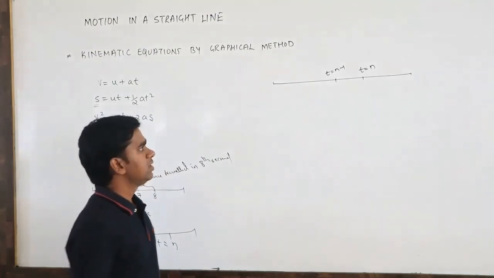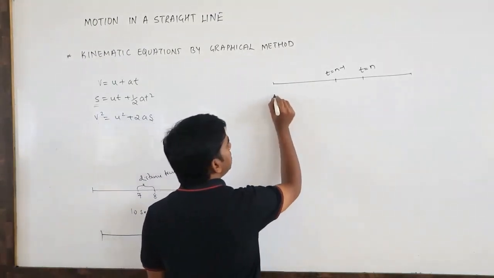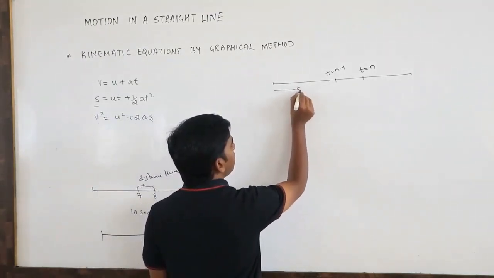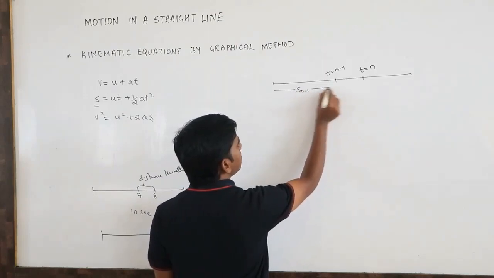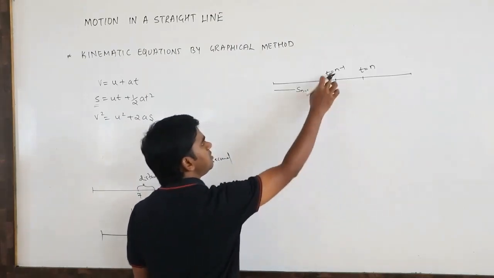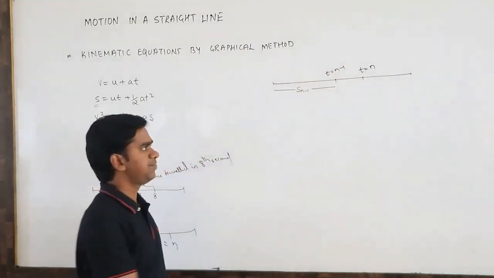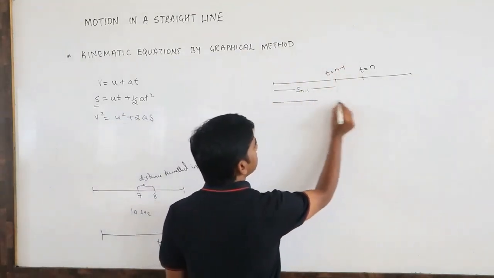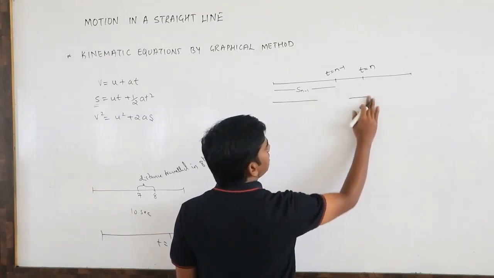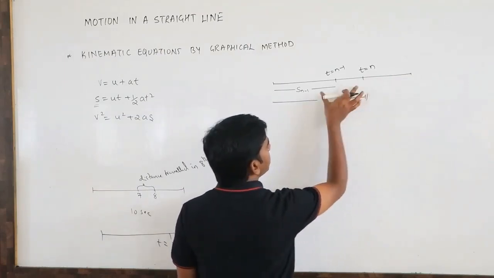Okay. So this is what? This is the distance traveled in n minus 1 second. Time is n minus 1. What is this? This is the distance traveled from here to here.